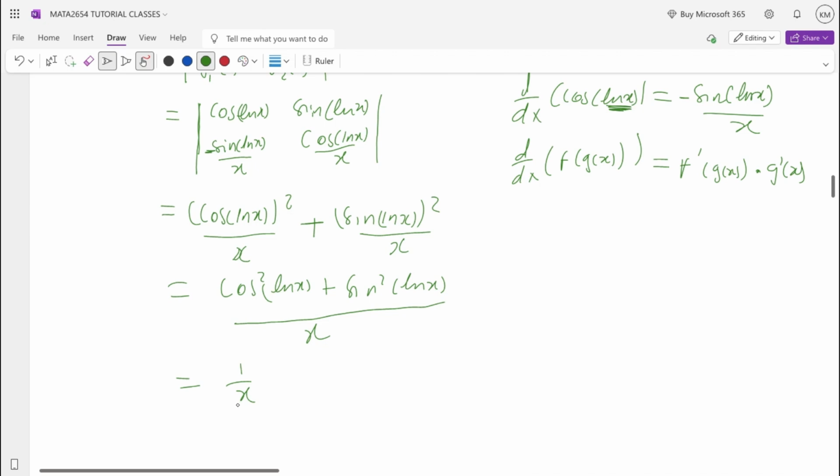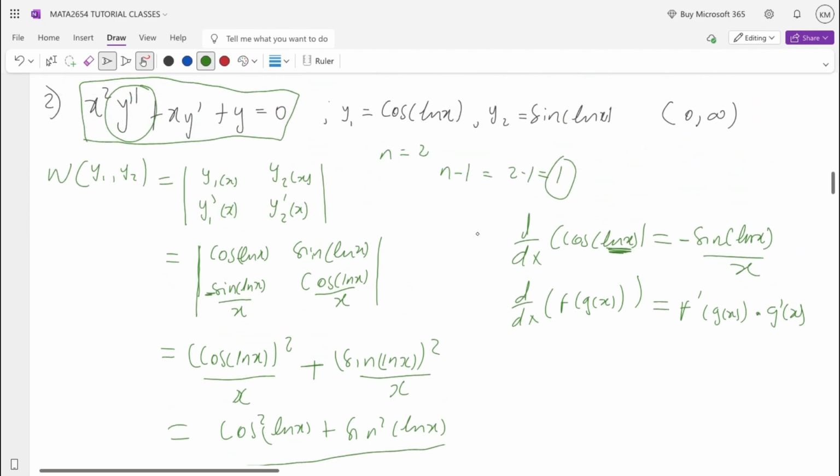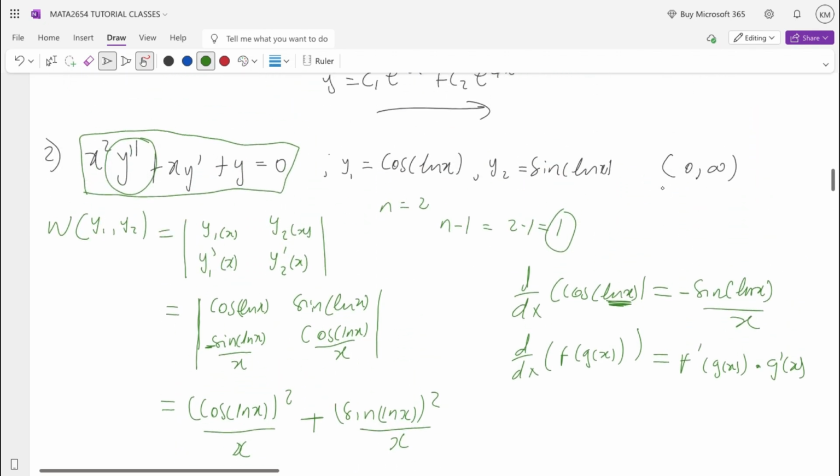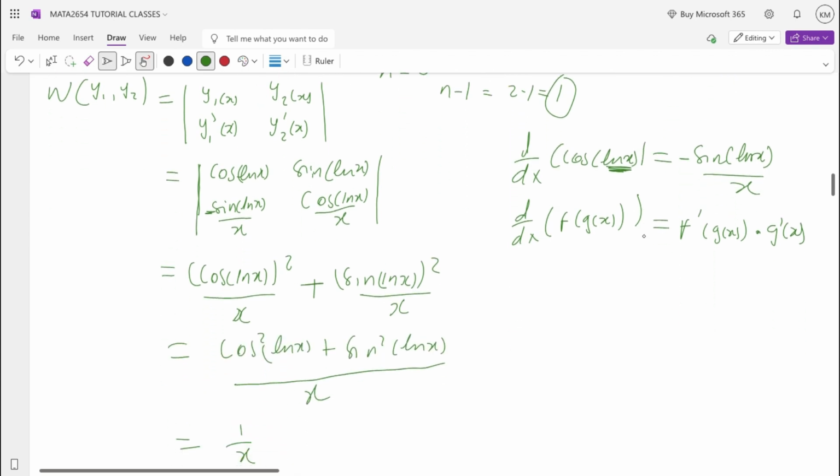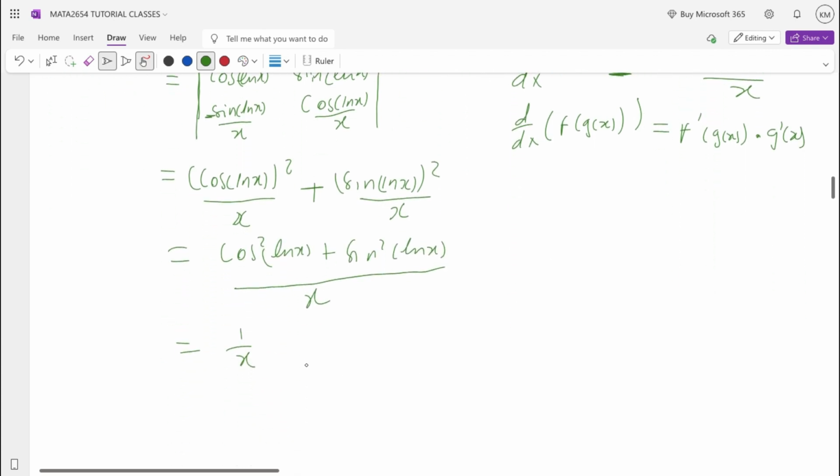Our Wronskian determinant, we were given an interval that says x is between 0 and infinity, where 0 is not included, it's a round bracket. So everything that is positive. You can choose any value of x, and you see that this will never be equal to 0. If you choose x as 1, you'll get 1. 1 is not equal to 0, whichever value you choose.